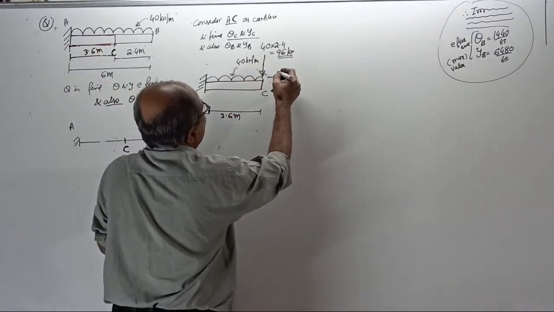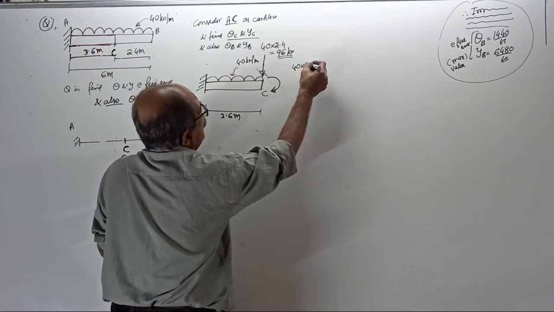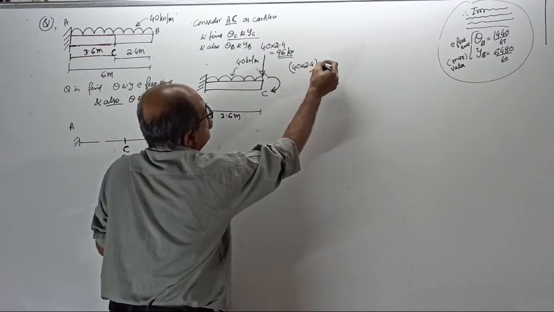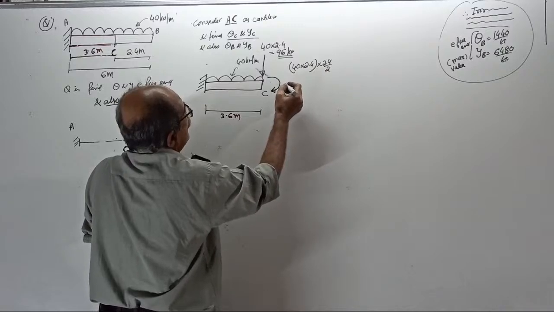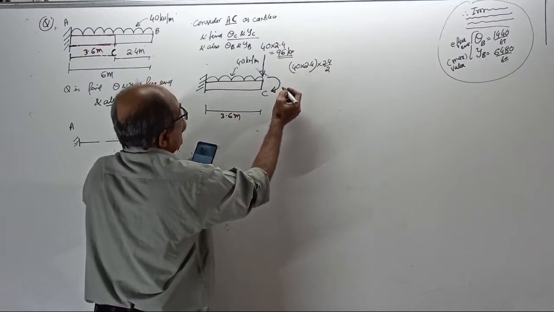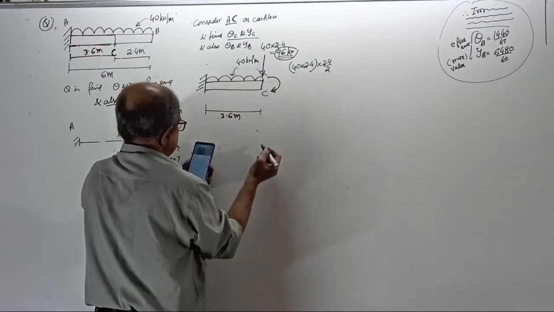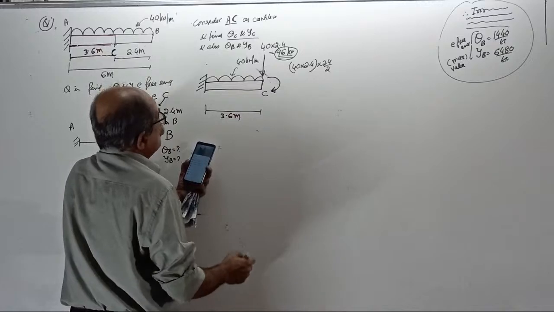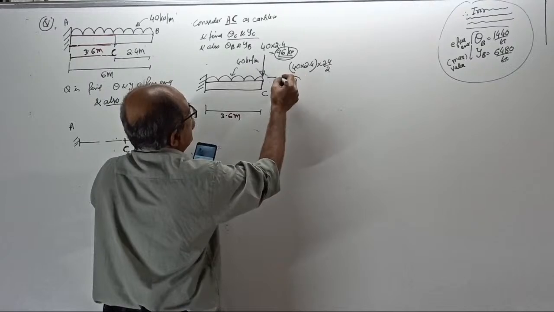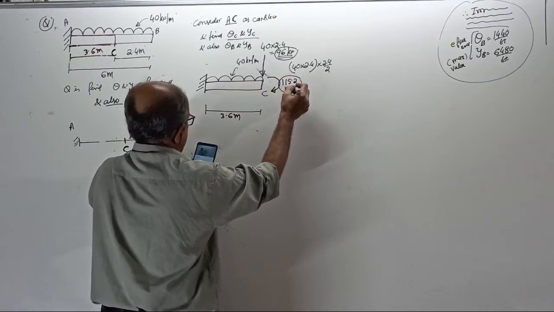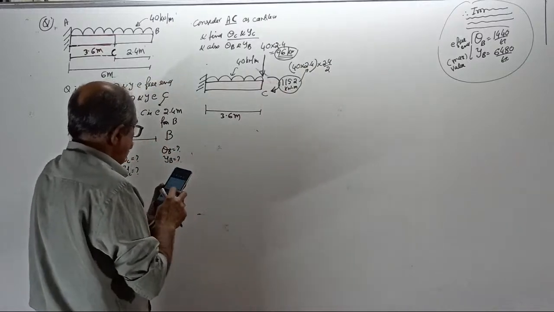And that couple is the load into 2.4 by 2, that is, 40 into 2.4 into 2.4 by 2. Don't give a wrong value. This is the point load, 96, and the couple is 115.2 kilonewton meter. Make a note of how it came.